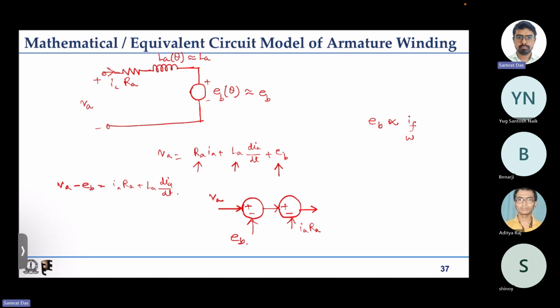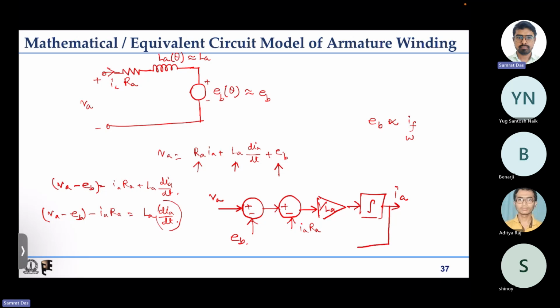That is the first step I have done. After that, if I subtract the IA RA also from this whole thing, then we have VA minus EB minus IA RA, which is LA dIA/dt. If I multiply by 1 by LA, then the only thing I have is dIA/dt. If I take an integration of that, then what I have is IA, and this IA has to be multiplied by the resistance, fed back, and subtracted as the IR drop from there.